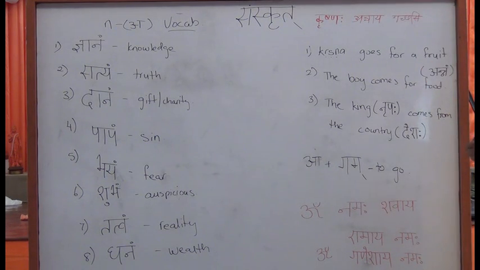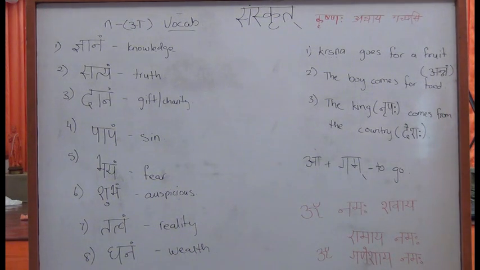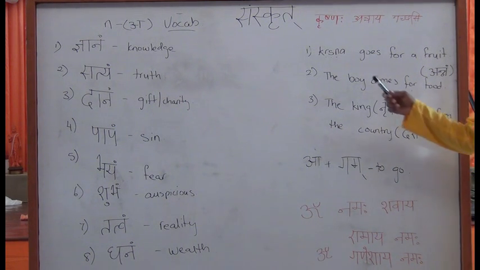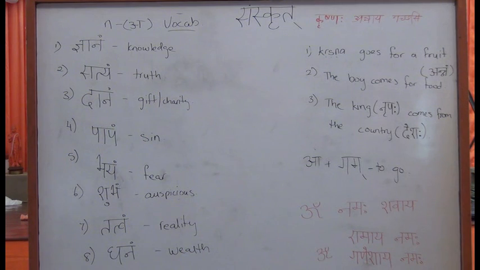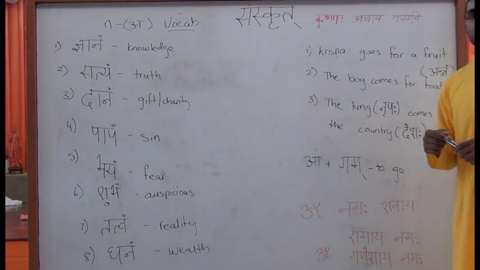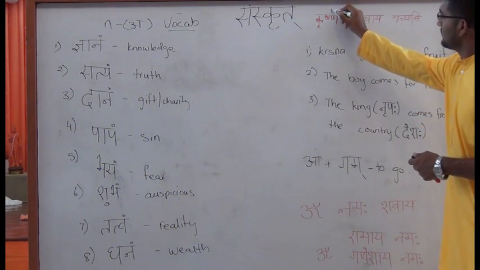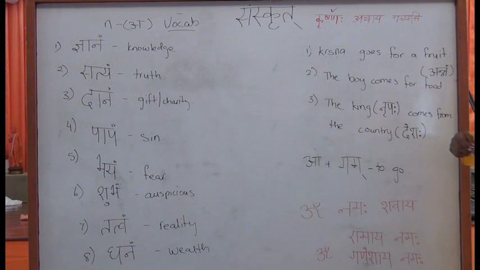Okay, everyone look on the board. What is the subject of the sentence? Krishna. Does he have Krishna in first case? Yes? Very good. What is the object of the sentence? For a fruit.